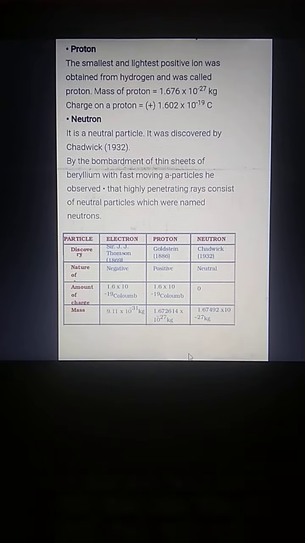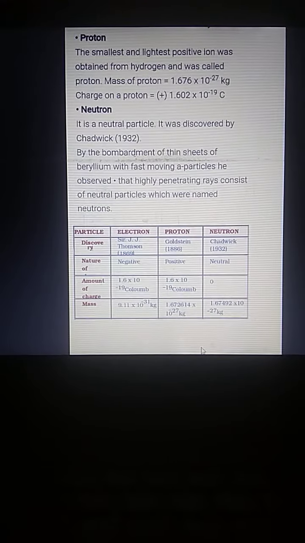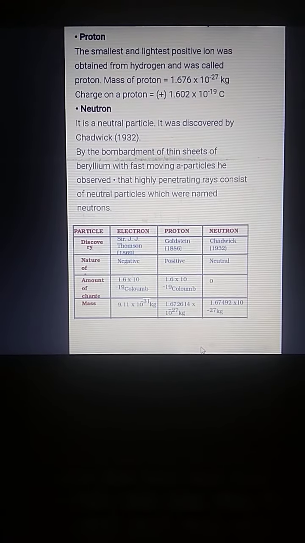Now what is the third fundamental particle of the atom? The third fundamental particle of the atom is the neutron, and the neutron was discovered by Chadwick.